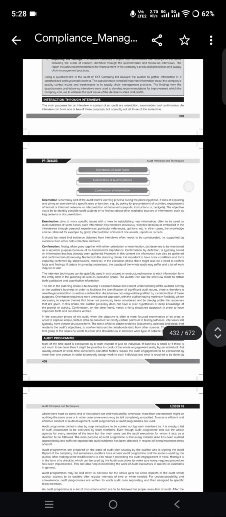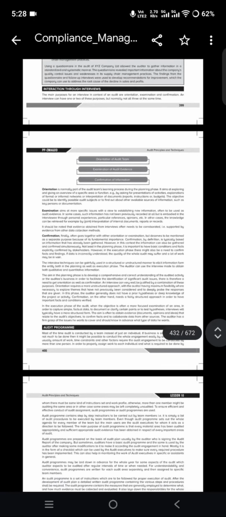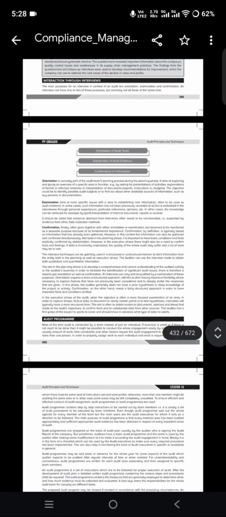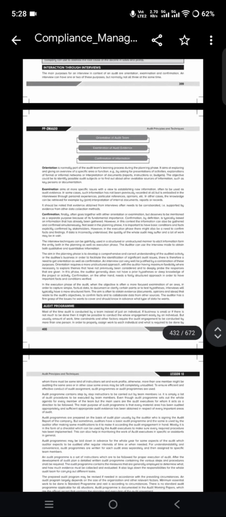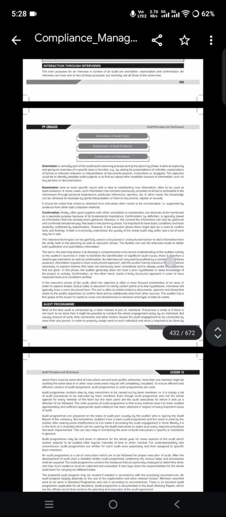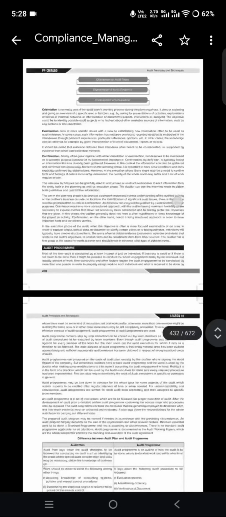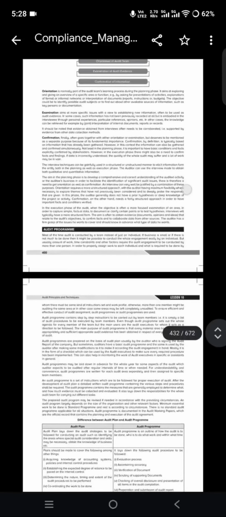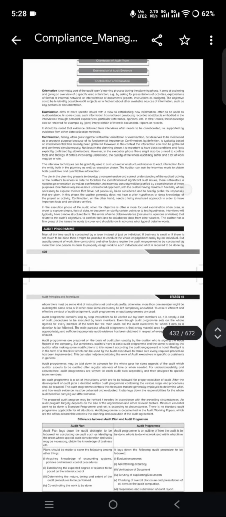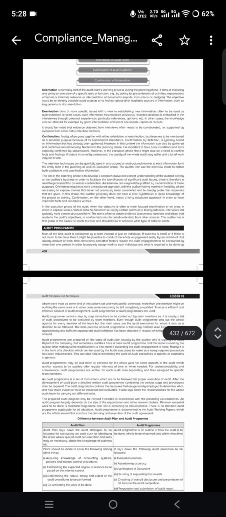Examination of audit evidence means specific issues related to the specific auditing. And confirmation of information: whenever auditor gets information from the company, that is not fully reliable, so auditor will confirm it from a third party.